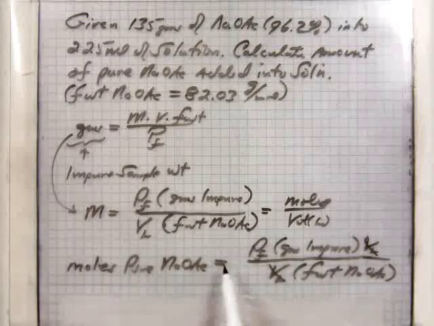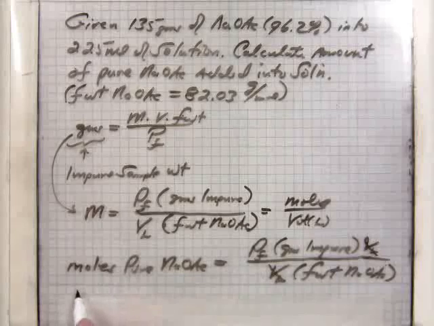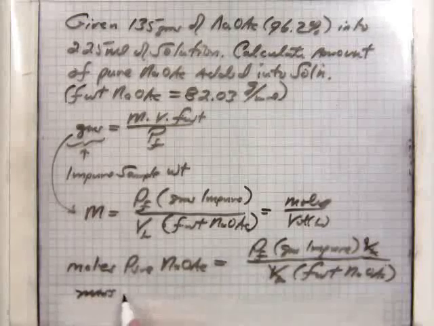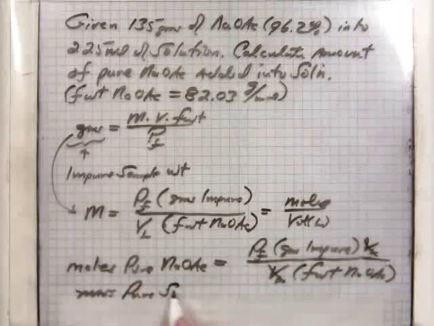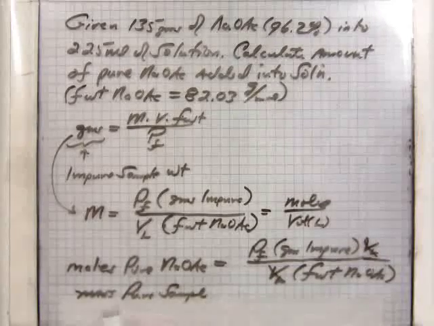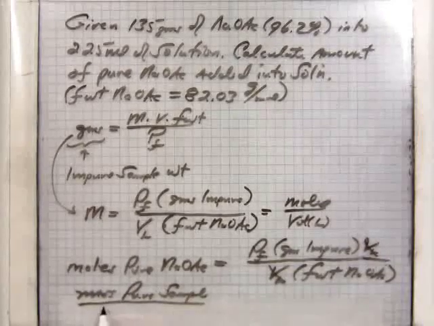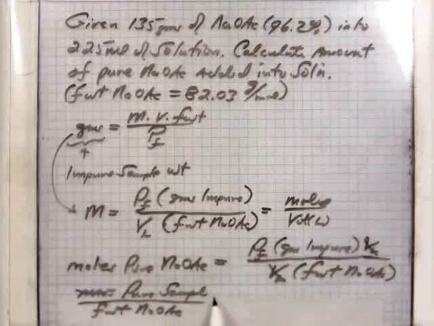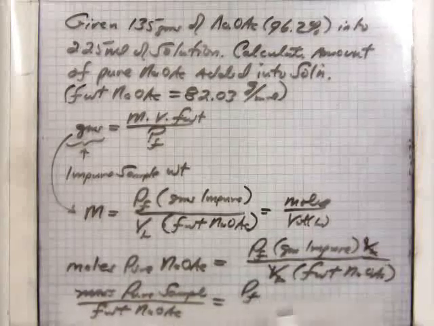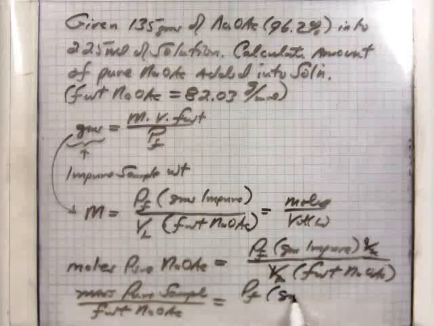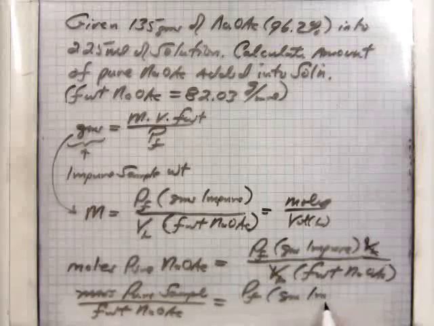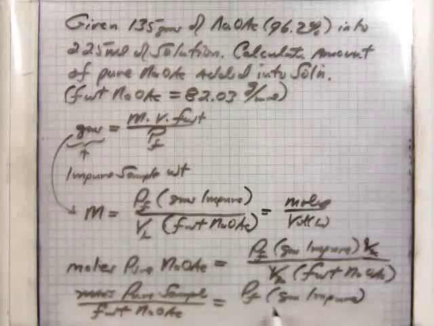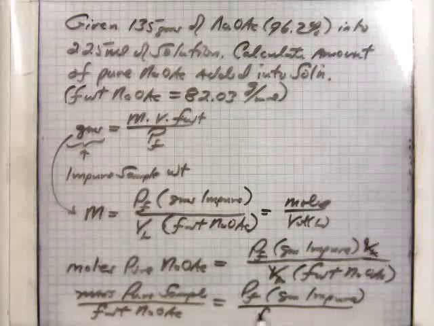Now, moles is, of course, mass of the pure sample divided by the formula weight of the sodium acetate, and that's equal to the purity factor times grams of impure sample divided by formula weight again.